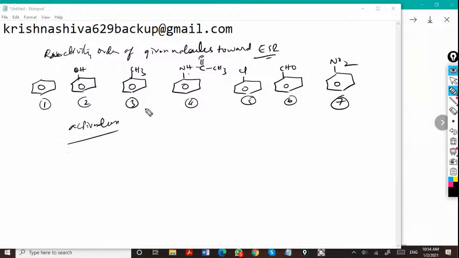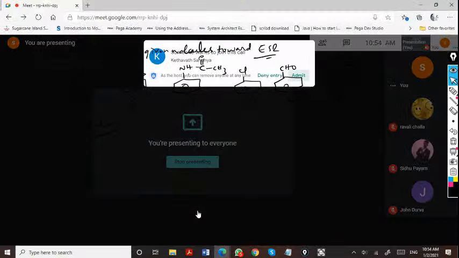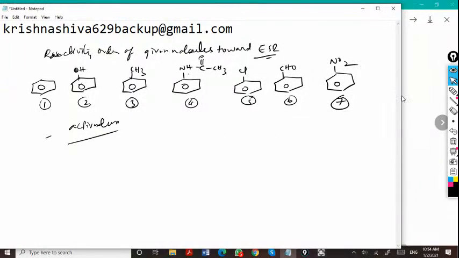The group which is most activating will be the highest reactive.